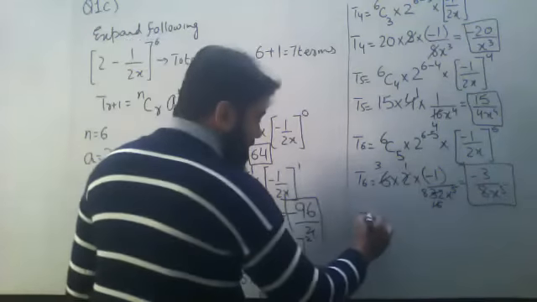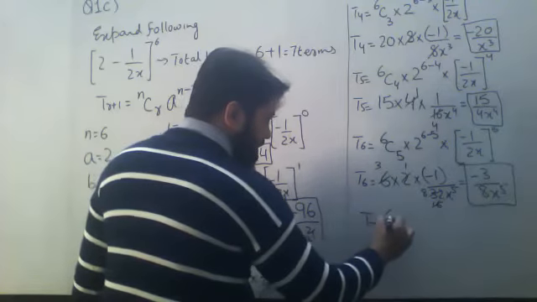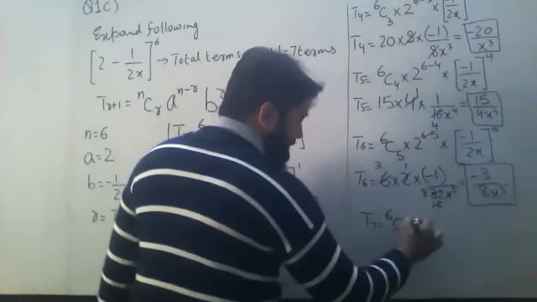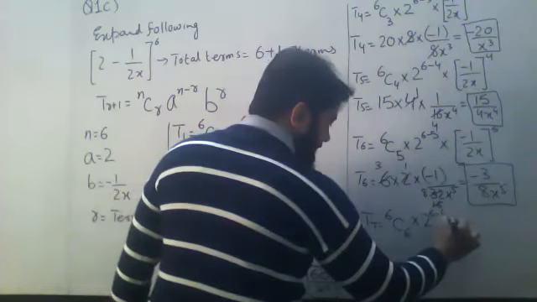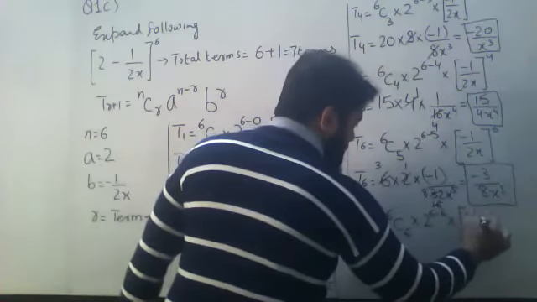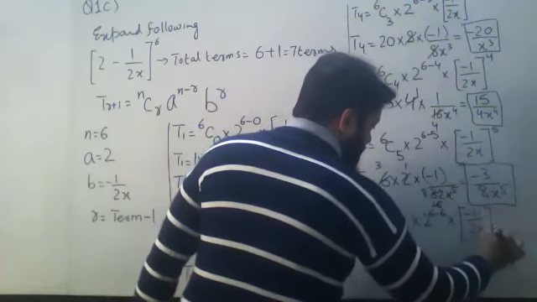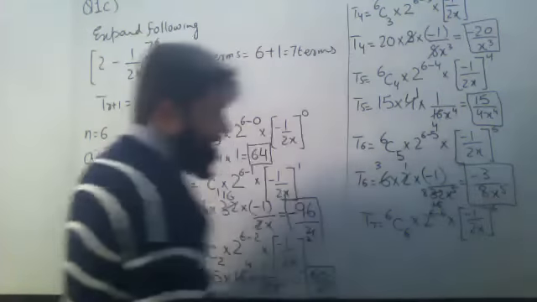Okay, last T7, 6C6 into 2 to the power 6 minus 6 into minus 1 over 2x whole power 6.